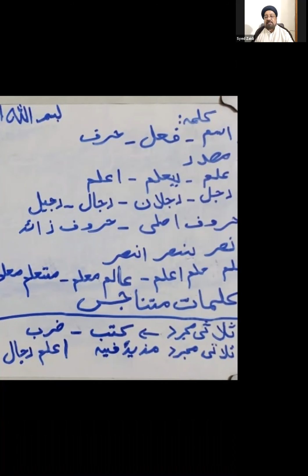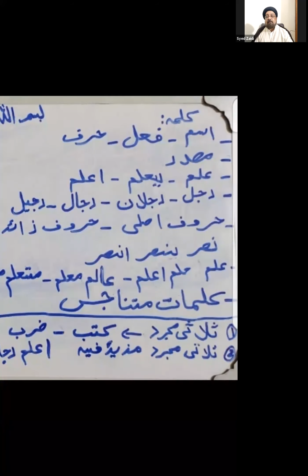For example, kataba, he wrote. Daraba, he hit. Now, as you can see, thulathi means 3. Thulathi mujarrad, 3 letters.